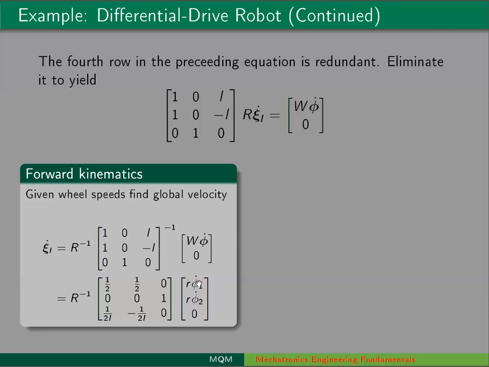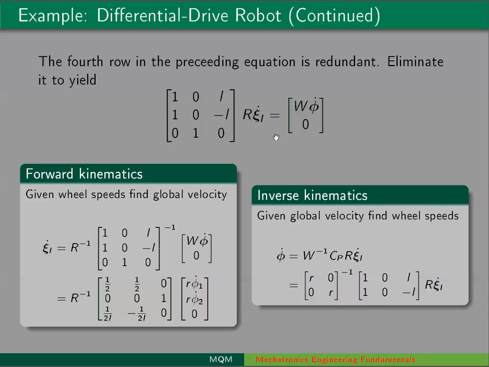So for example, if phi1 dot is equal to phi2 dot, then the robot has a certain value for x dot in its local frame, y dot is 0, and theta dot is 0, because these two terms cancel out. And if phi1 dot is negative phi2 dot, then x dot is 0, because those terms cancel out. And the robot is just spinning in place. So theta dot is r phi1 dot plus r phi2 dot.